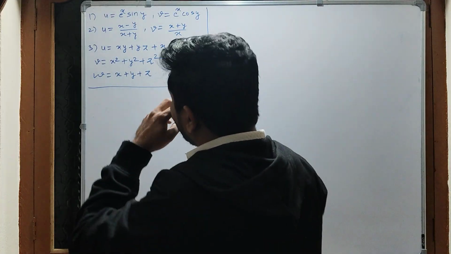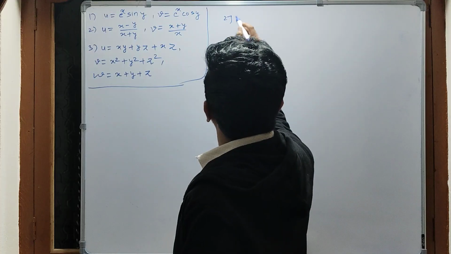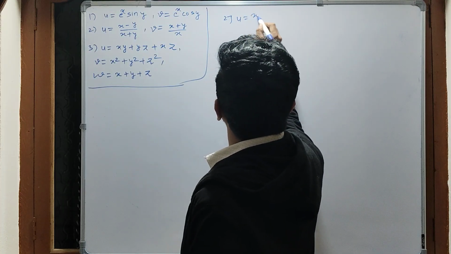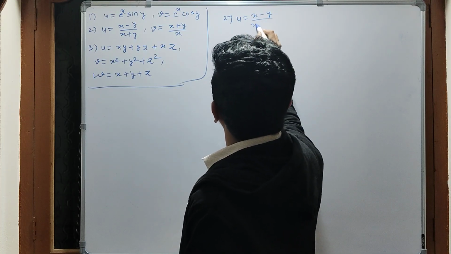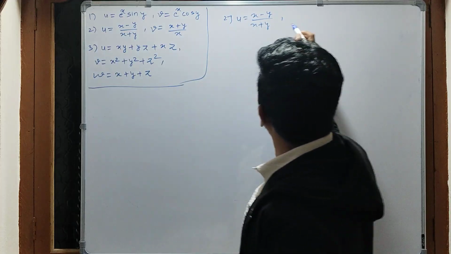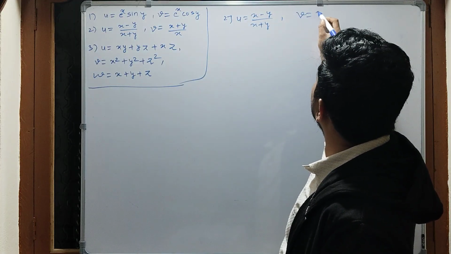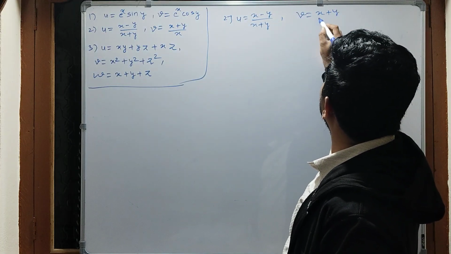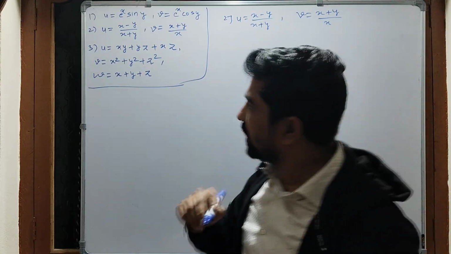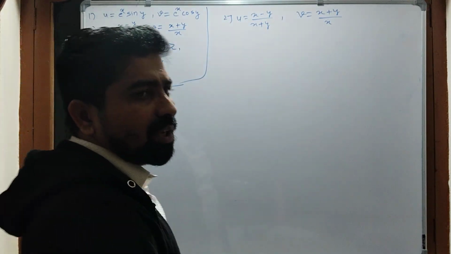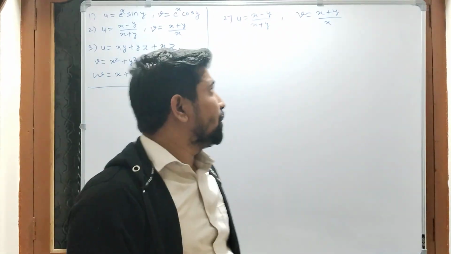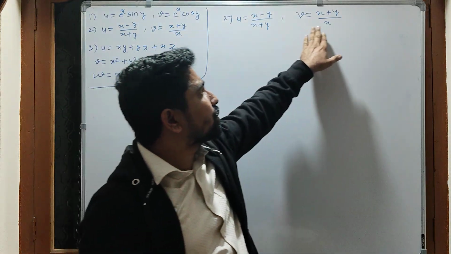Now example 2: given u equal to (x minus y) by (x plus y) and v equal to (x plus y) by x. So here this is the given thing. I want to check u and v, my u of x, y equal to this and v of x, y equal to this.